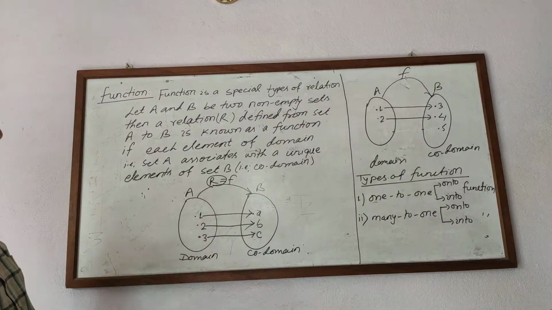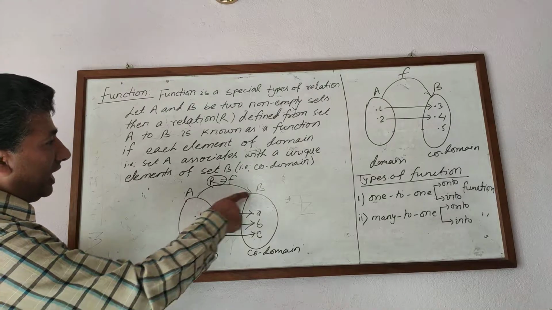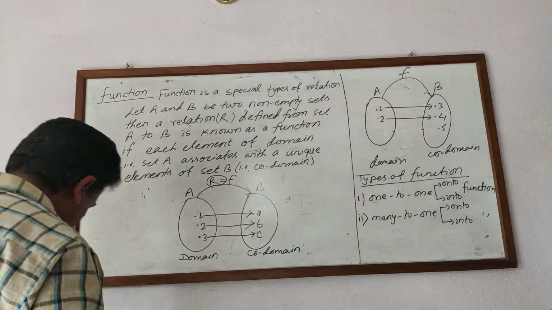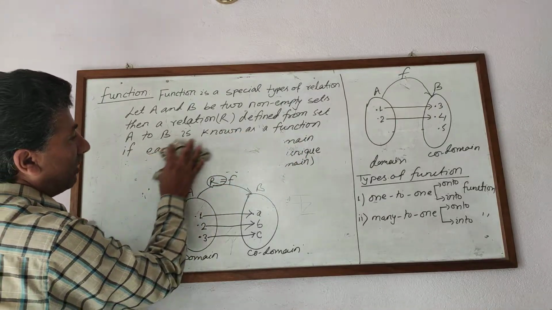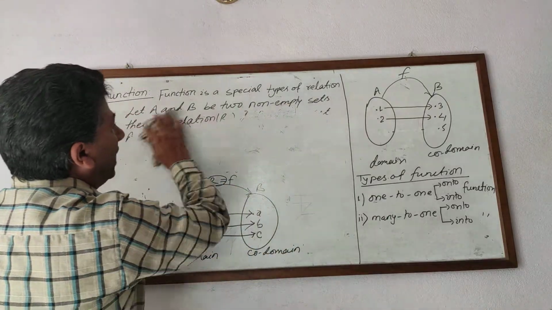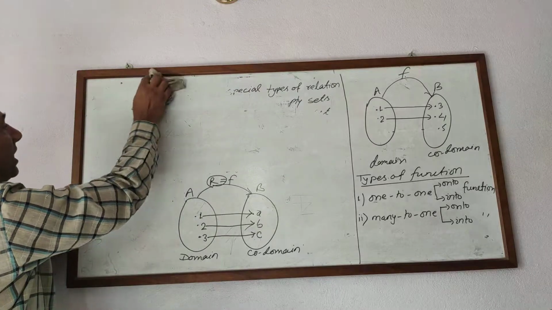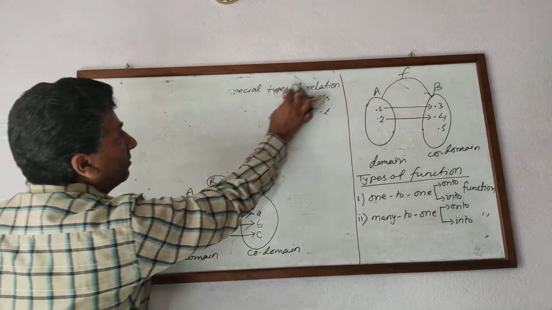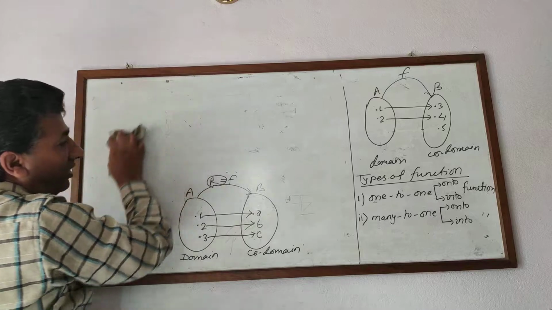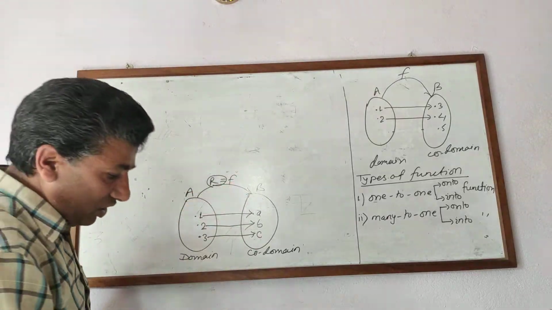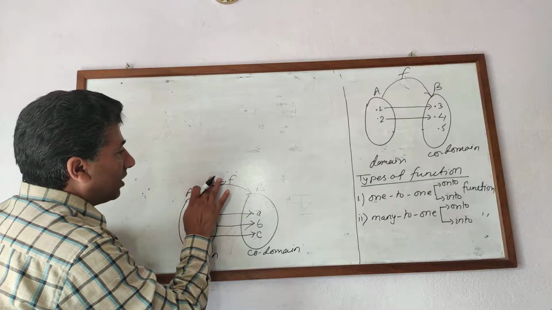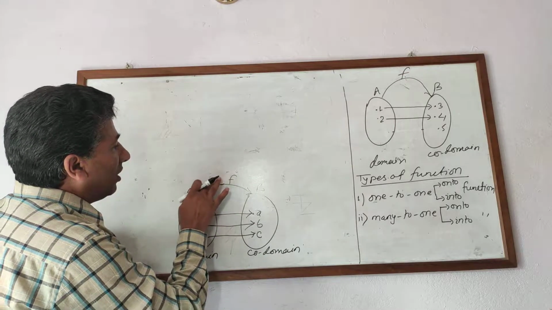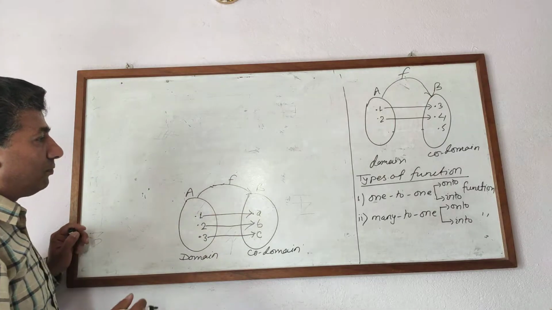Now I have written here set A and set B. Set A has 3 elements, 1, 2 and 3, and set B has also 3 elements, A, B, C. Now I will drop this one also because already this one is a function.